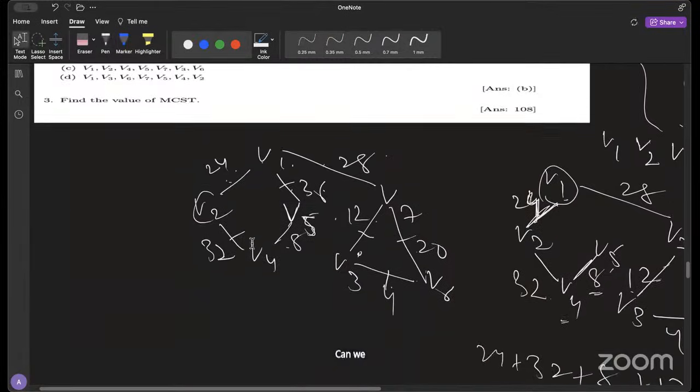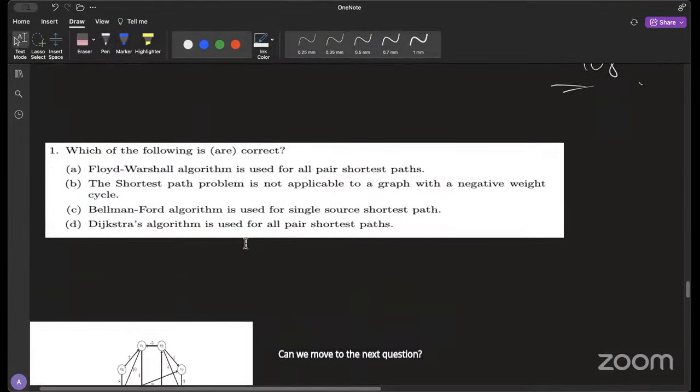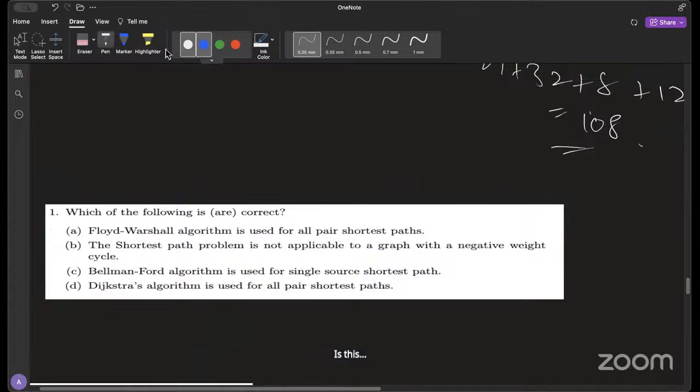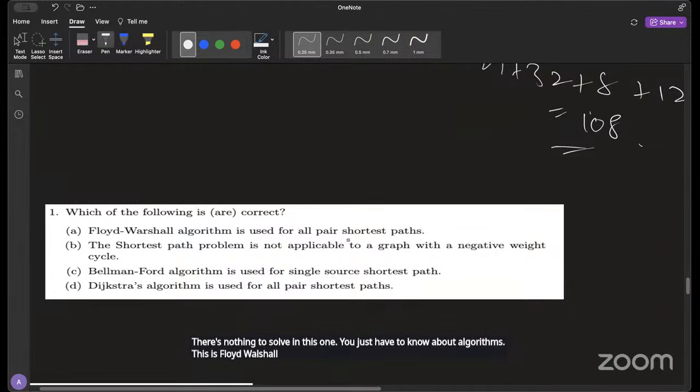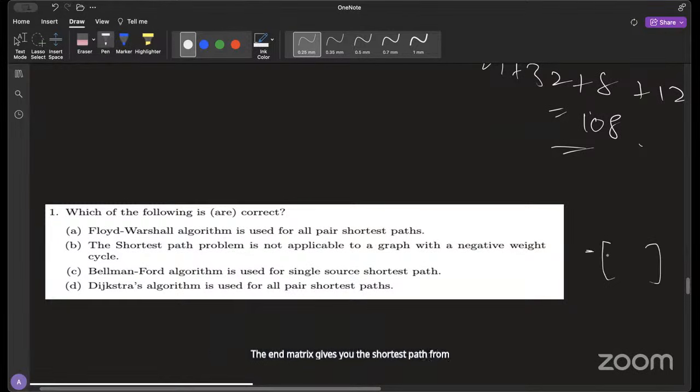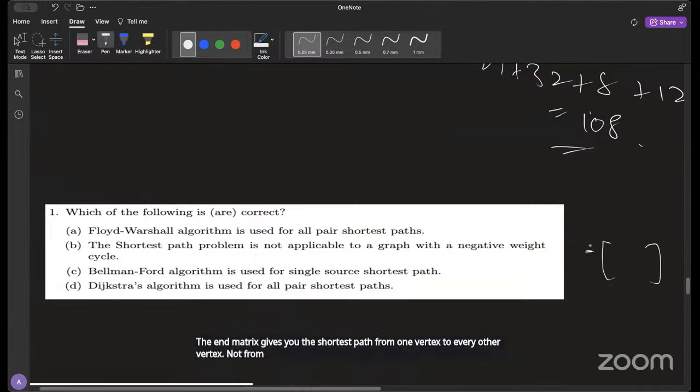Can we move to the next question? Yes, ma'am. There's nothing to solve in this one. You just have to know about algorithms. Floyd-Warshall is used for all pairs shortest path. That's what we do in Floyd-Warshall. The end matrix gives you the shortest path from each vertex to every other vertex, right?